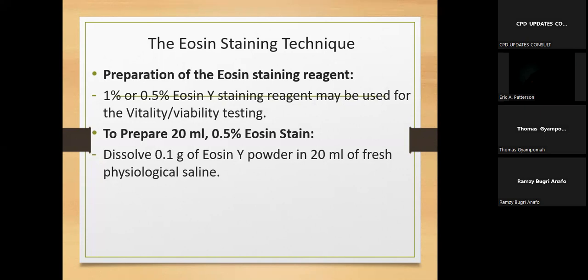But we just want to prepare 20 mils. So what must we do to our 100 mils? We divide by 5. Yes, quick. Reagent preparation: we want to prepare just 20 mils, so what must we do?